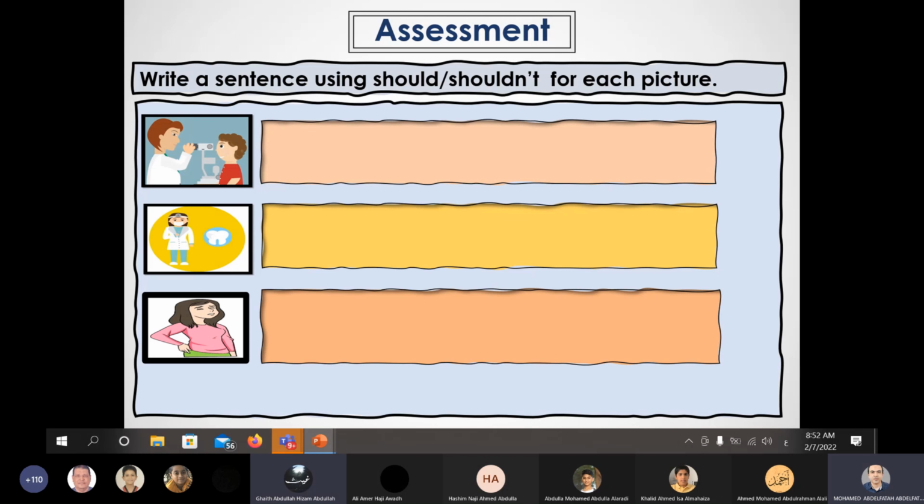So I have to write in the chat? Yeah, write in the chat box. Write only one sentence, at least from 8 to 10 words. Use should and shouldn't, and give advice. Choose only one.